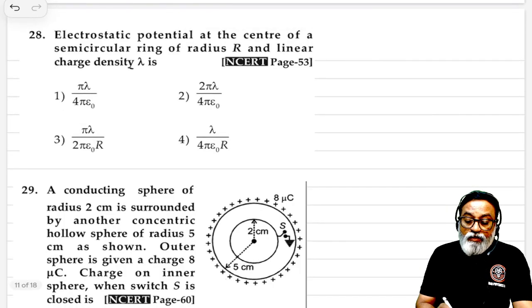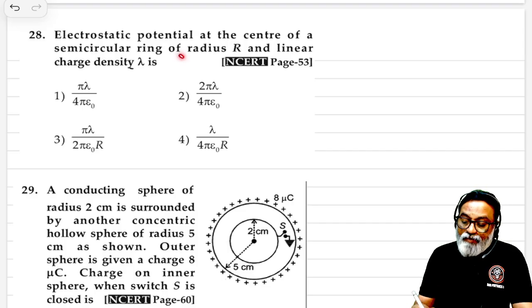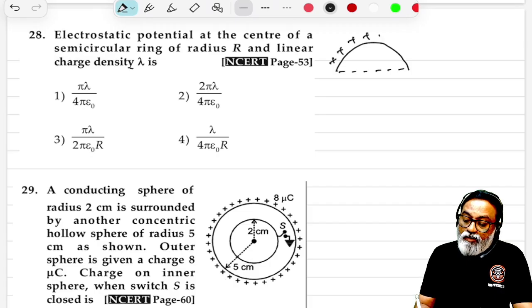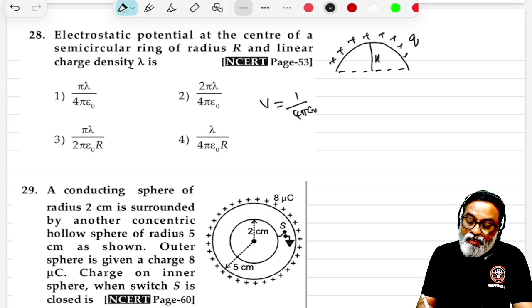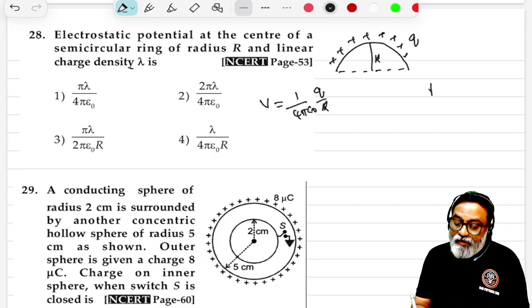See here. Electrostatic potential at the center of a semicircular ring of radius r and linear charge density lambda. This is a semicircle. If this is a charge q and radius r, potential V is equal to 1 by 4 pi epsilon q by r. But lambda is equal to charge per unit length.